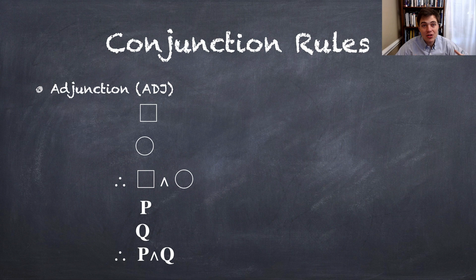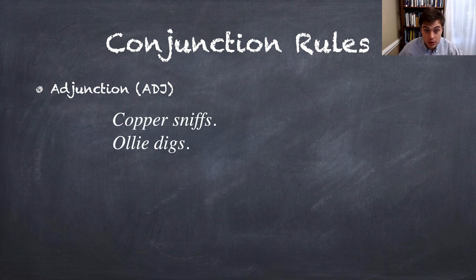You're just taking the contents of the two lines and conjoining them. If it's on a line, you know it's true or has been derived from something that's true. And so, given the truth table for conjunction, you can conclude that any two things you have on separate lines, the conjunction of those things is a true sentence in the language, which is why we can validly make that inference. So if you have in English, Copper sniffs, period, that's one sentence. Ollie digs, period, another sentence.